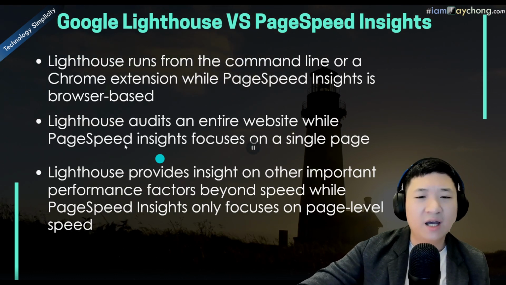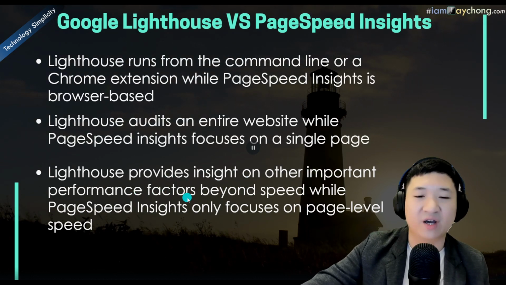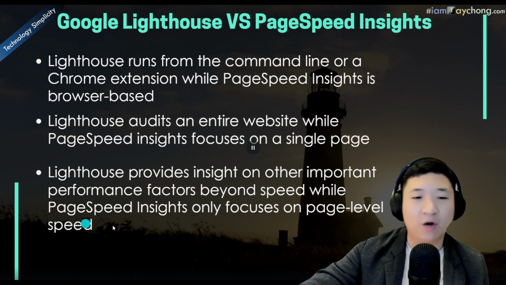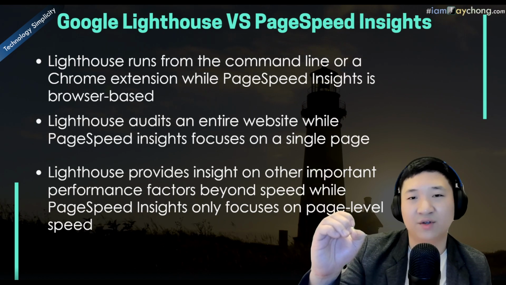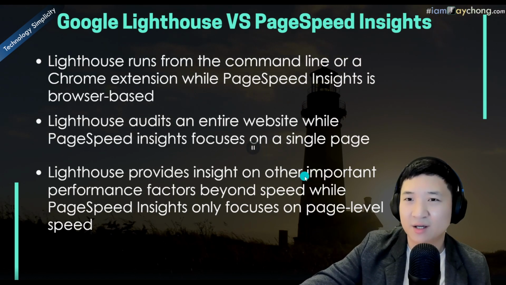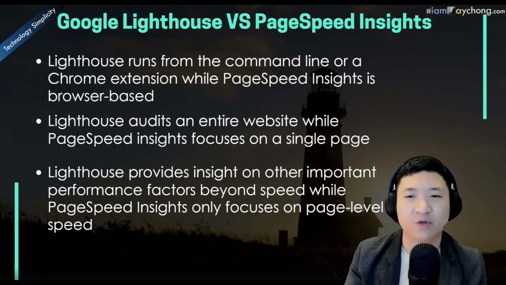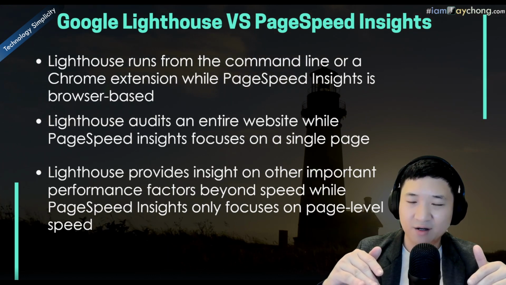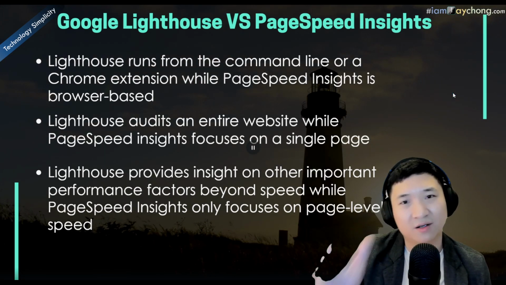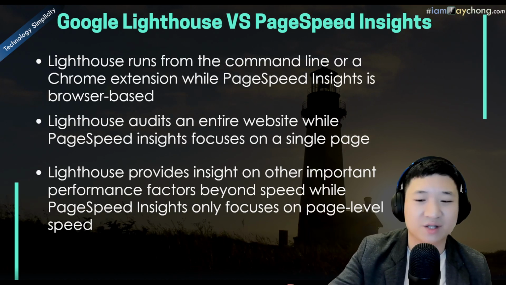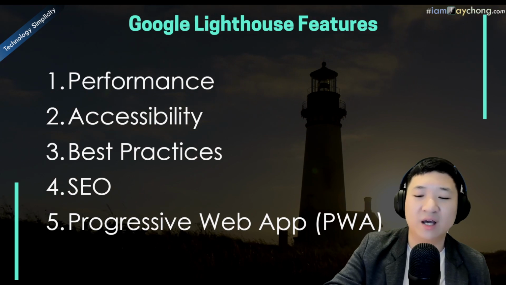And last but not least, Lighthouse provides insight into many performance factors beyond just speed, while PageSpeed Insights focuses on the page level and speed-relevant audits. Okay, so far can you follow? If not, please put it in the comment box so I know, and I'll do my best to elaborate further, either here or by replying in the comments, just like all of my video tutorials.